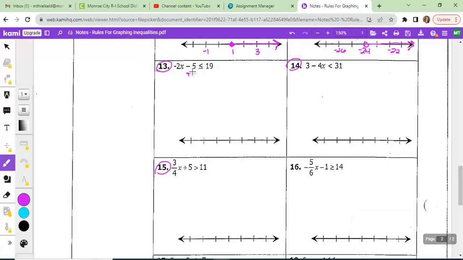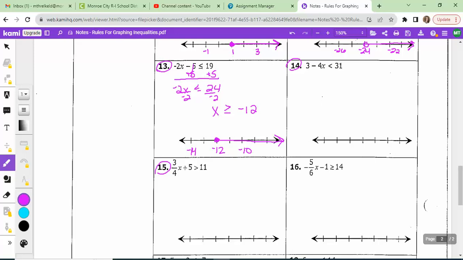So first one, you guys added your 5. So negative 2x is less than or equal to 24, but when you divide by negative 2, what happens? So it's x is greater than or equal to negative 12. So when you graph it, you need a negative 12 on here, put a few more numbers. I just like to do every other one. So greater than or equal to, that would be a closed circle going to the right.